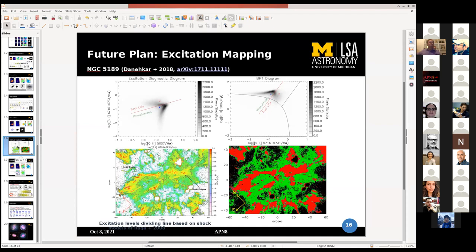Also, there is some long slit observation of this object, I think published in a Mexican journal, but they didn't detect any fast low ionizations, based on what I saw in that publication.